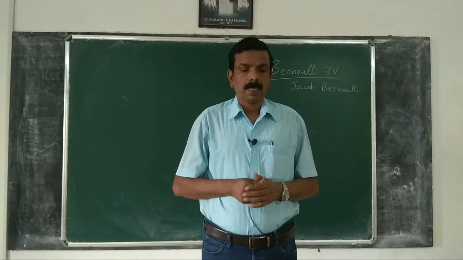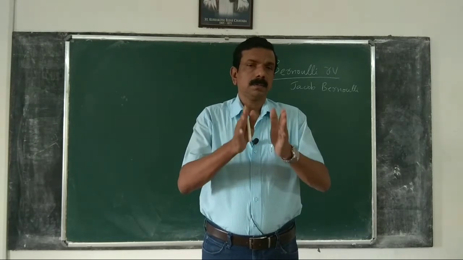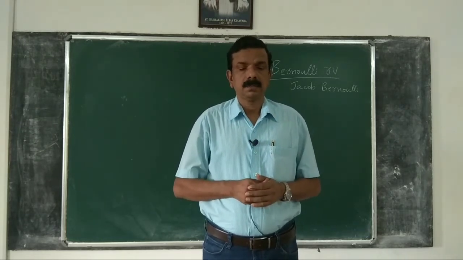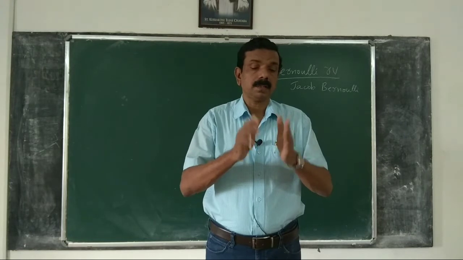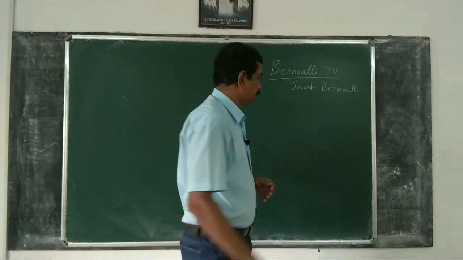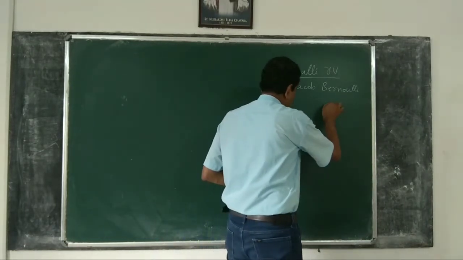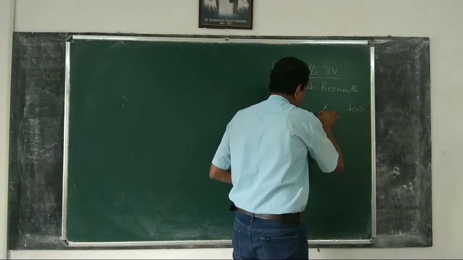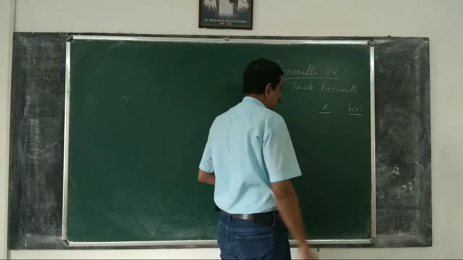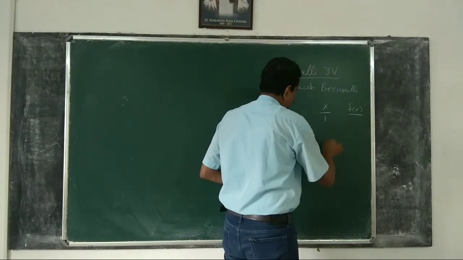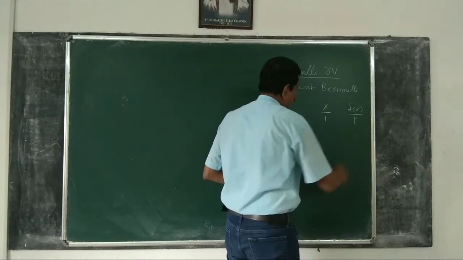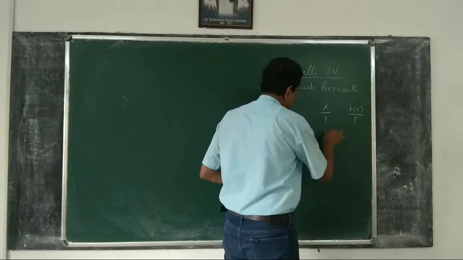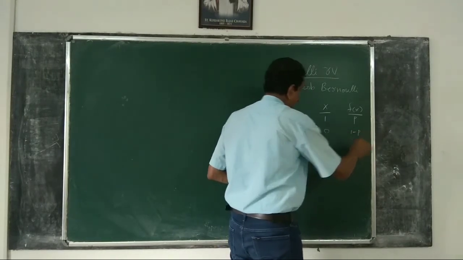Now, the distribution of a Bernoulli random variable x is like this: x, f of x. X takes the values 1 with the probability p, 0 with the probability 1 minus p.